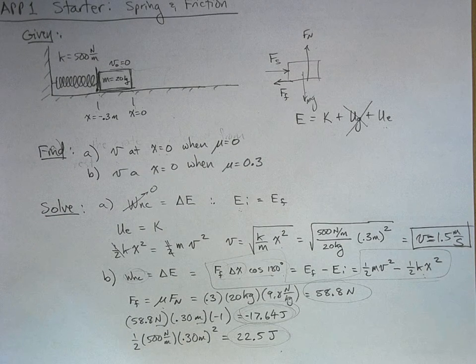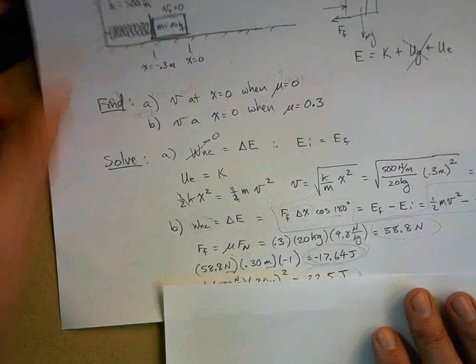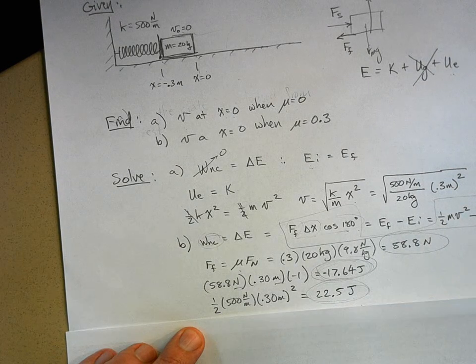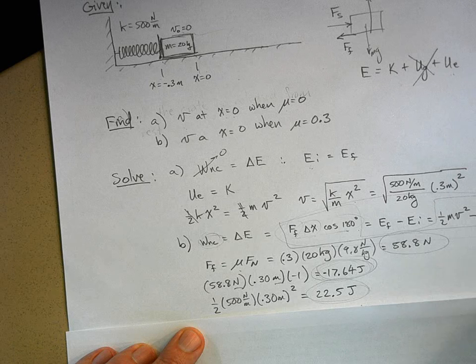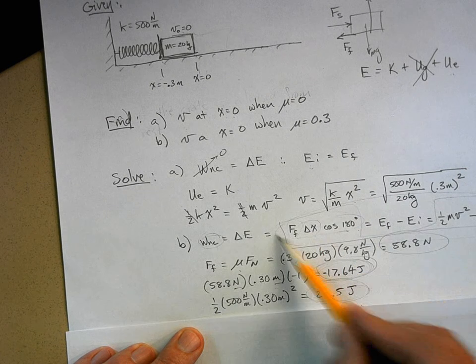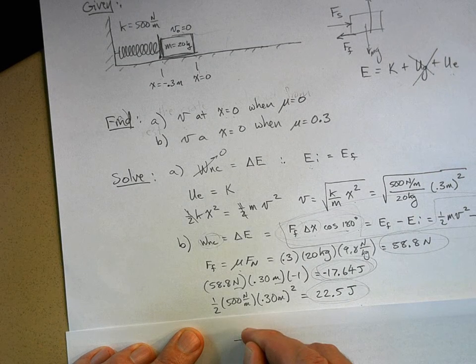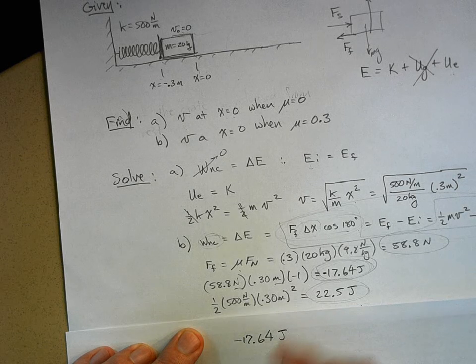Let's take a look at this. I have to do this on a separate sheet. I'm going to rewrite this whole ugly thing right here, except that I'm going to use the values we got. This right here is the work done by friction, that's negative 17.64 joules.